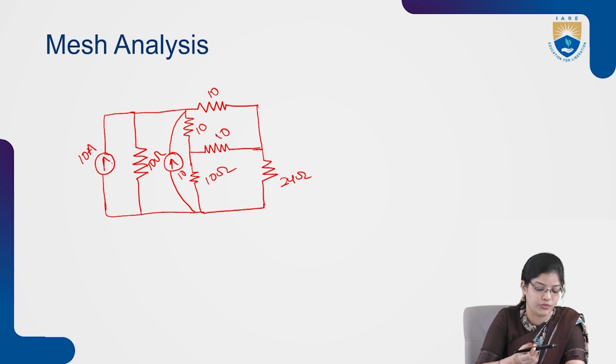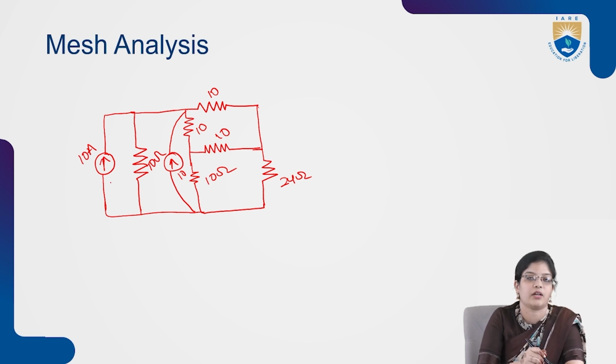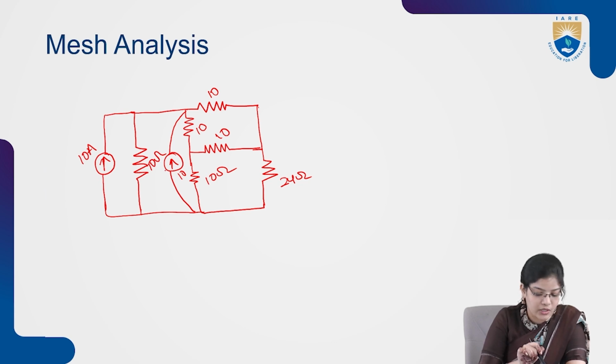The first part, the voltage source and resistance, will be converted into a current source in parallel with the resistance. Now if we see that both the current sources are in the same direction, we have to add both the sources.